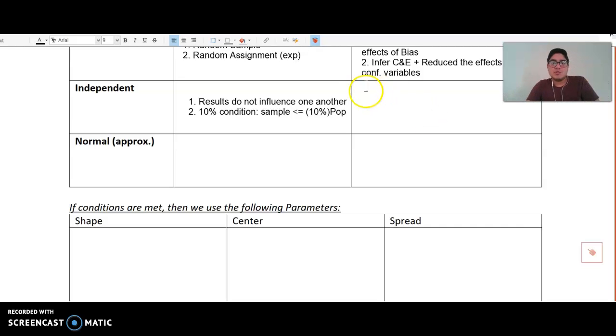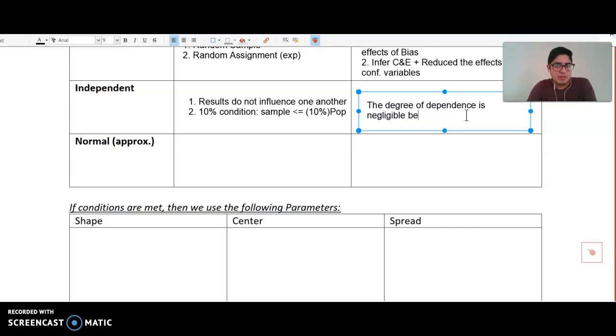That brings us to why the condition must be met: so that the degree of dependence between observations is negligible.